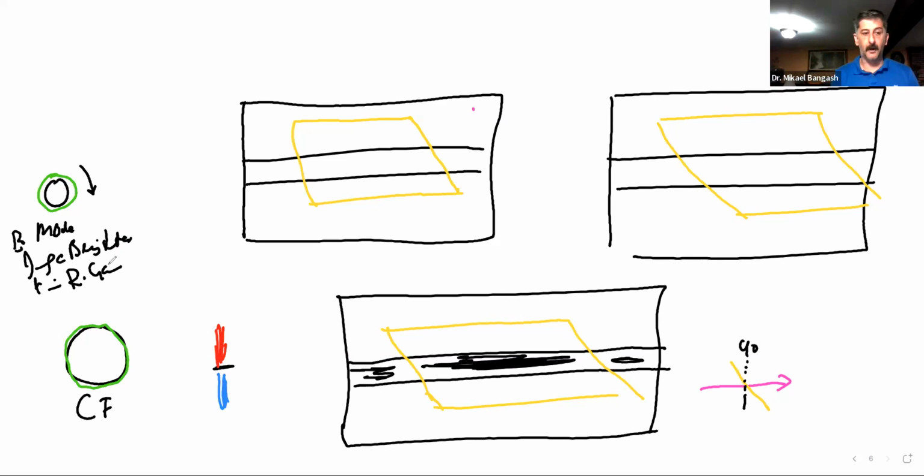Clear? But what was it that we did? We actually increased the intensity of the signals that was reflected back.